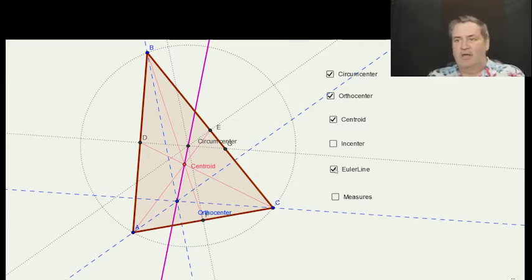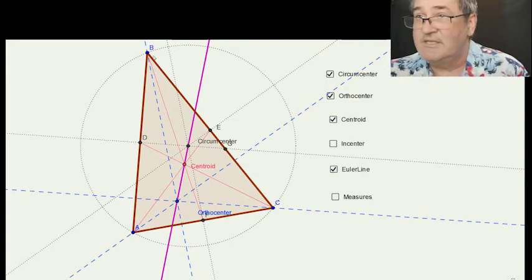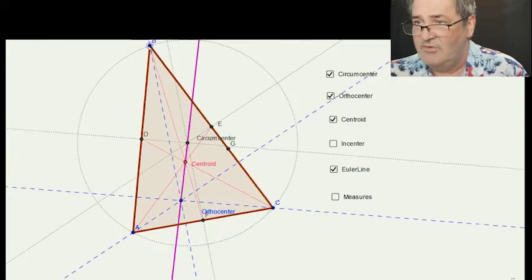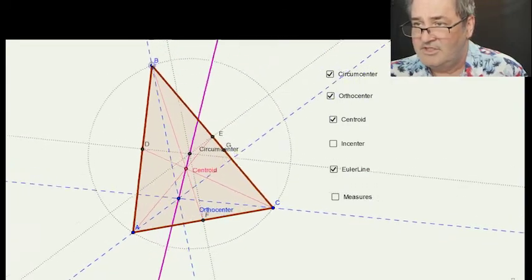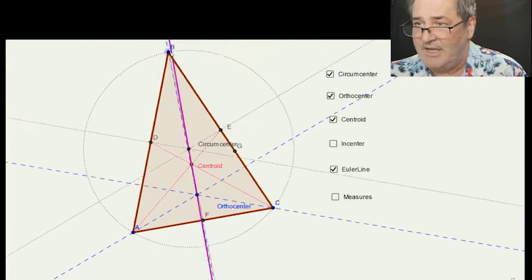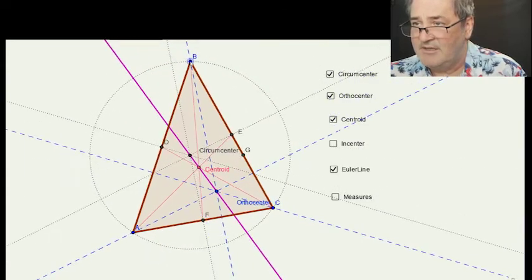It's called the Euler line, and they all line up on there. Just kind of a cool thing discovered back in 1765. This works for any triangle. Let's see, does this triangle let me move that point? Oh, it can. Look, as I move the shape, those points all move, but they're still on the same line. Still on the same line.